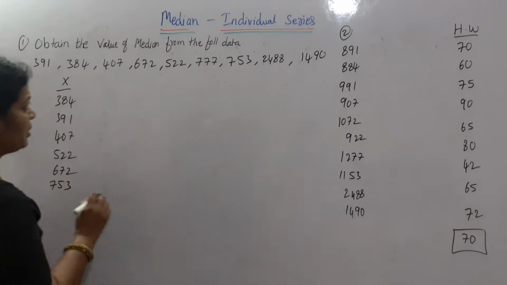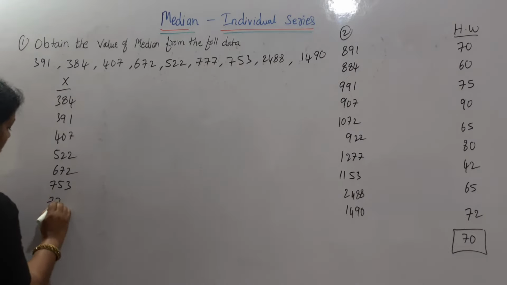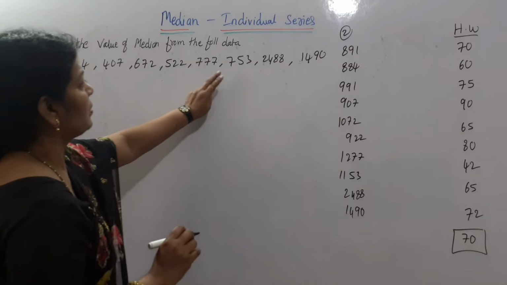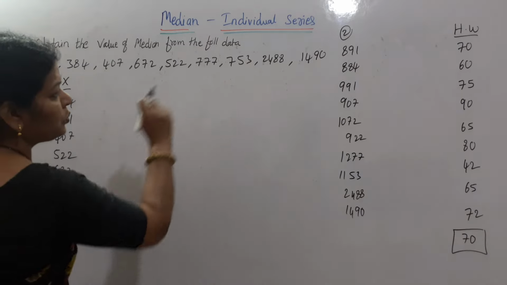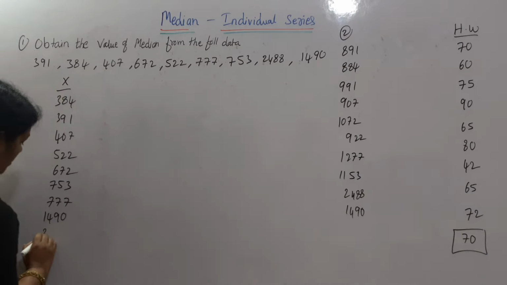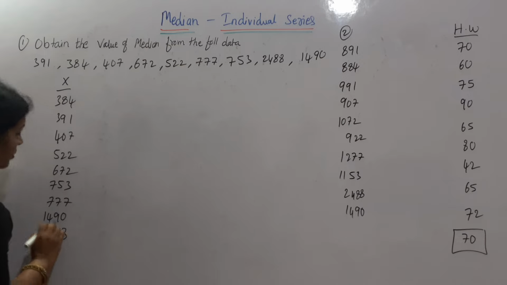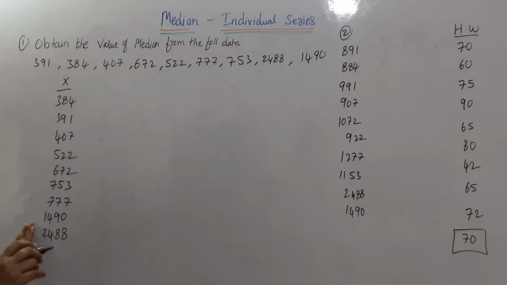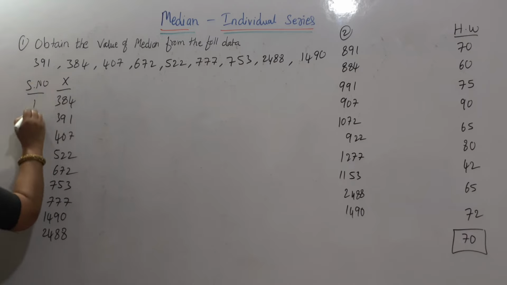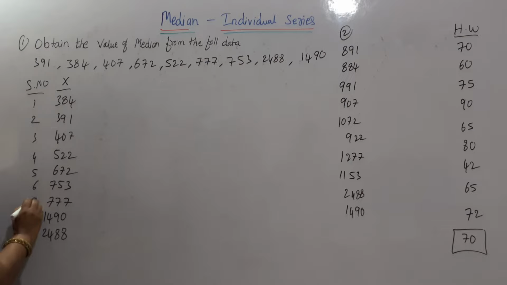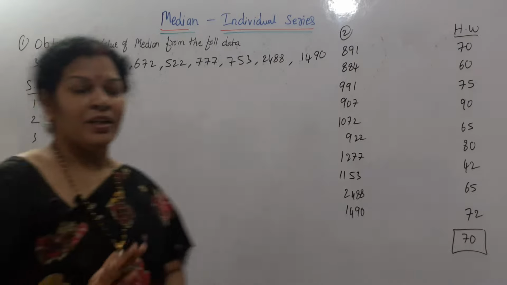After that 777, then 1490, then 2488. So arranged in ascending order. If you want, you can give serial numbers here also: 1, 2, 3, 4, 5, 6, 7, 8, 9. Okay. Arranged in ascending order.